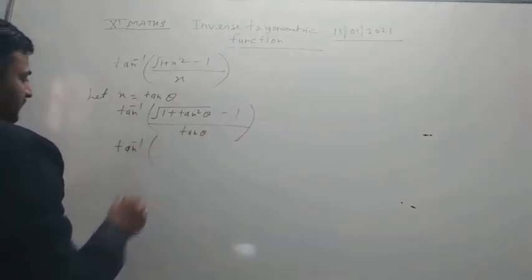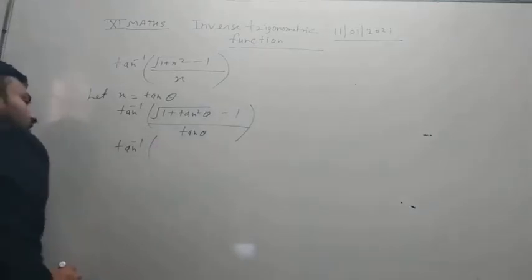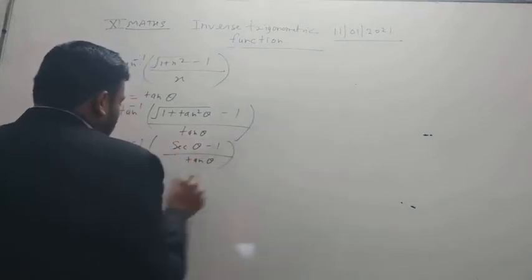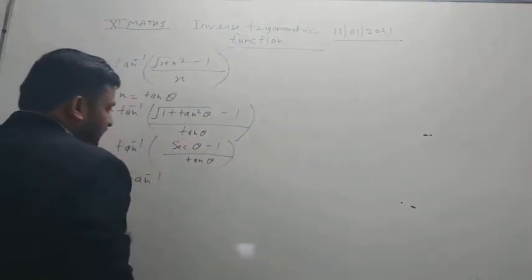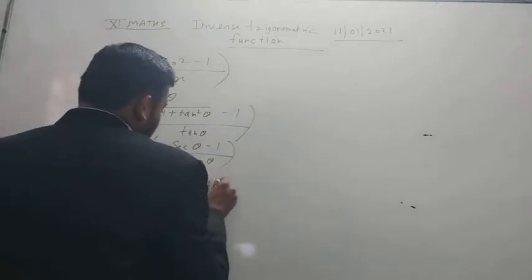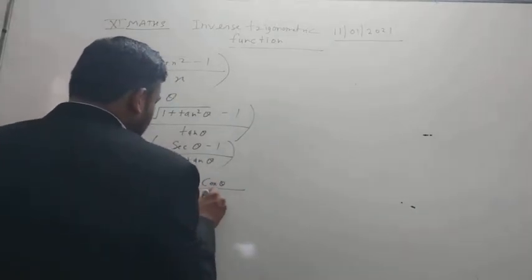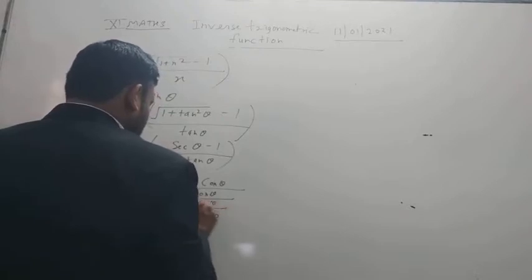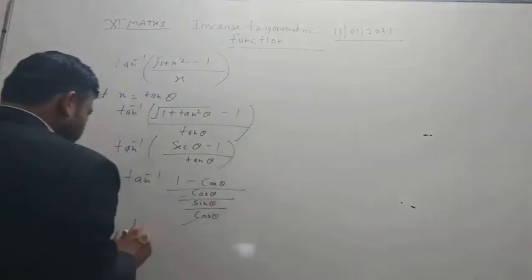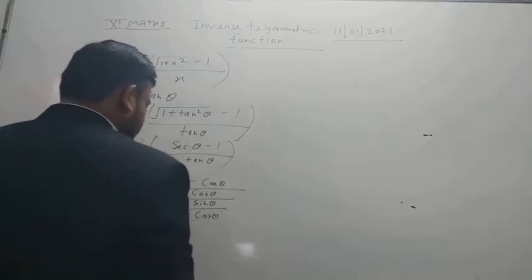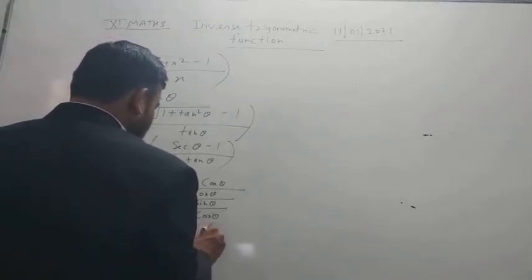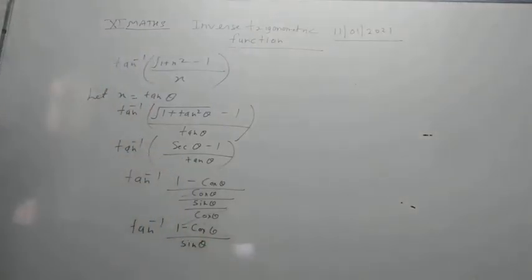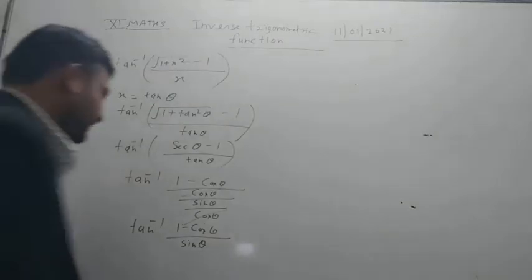So tan inverse under root 1 plus tan square theta is sec square theta, which is sec theta, minus 1 by tan theta. So tan inverse 1 minus cos theta by sin theta. So this part will be cancelled. Okay student, so we are saying that this is tan inverse 1 minus cos theta by sin theta.